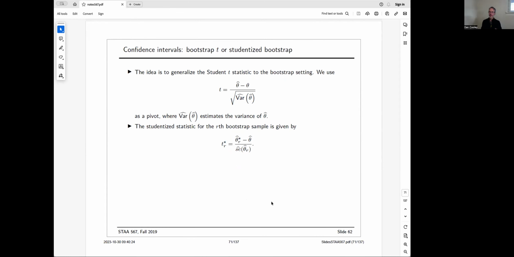So the next type of bootstrap is again going to be pivotal, but now it's going to be basically like a T distribution. So what's the difference? The difference is this quantity here.